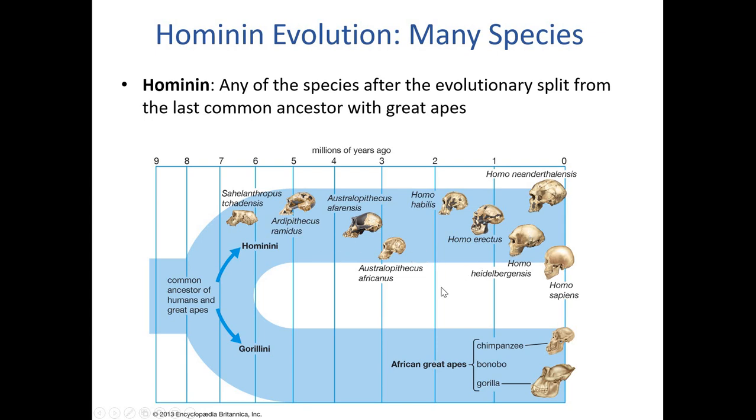But what we can see within this is the evolution of these species to where the skulls start to look more and more similar over time to modern Homo sapiens.